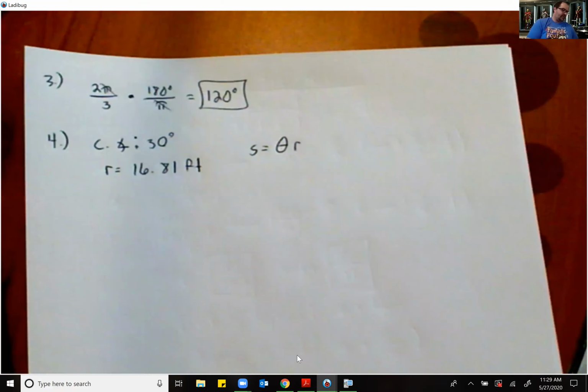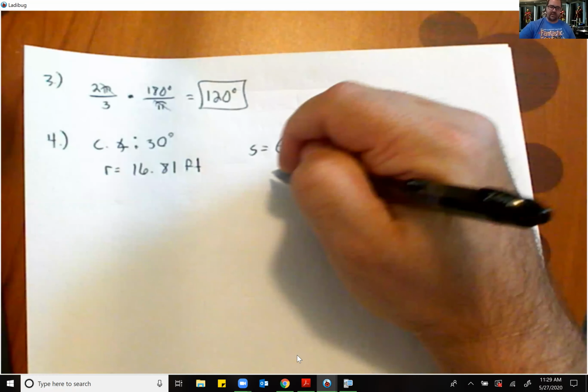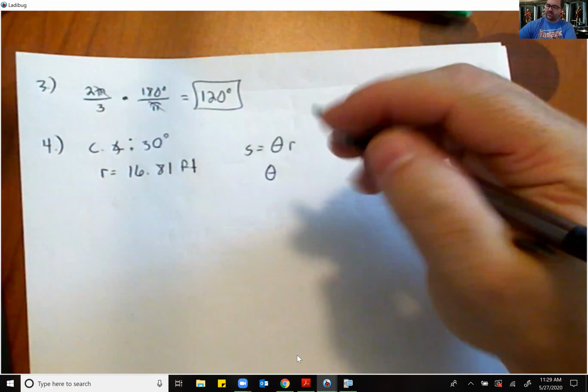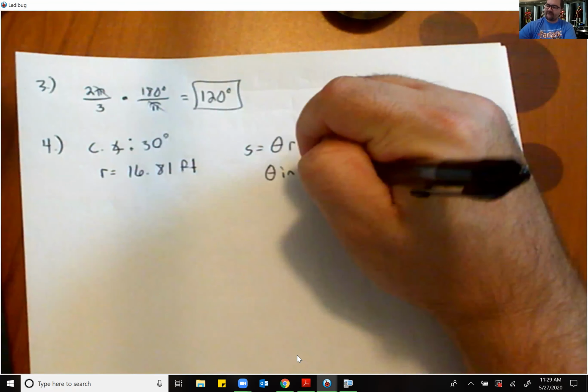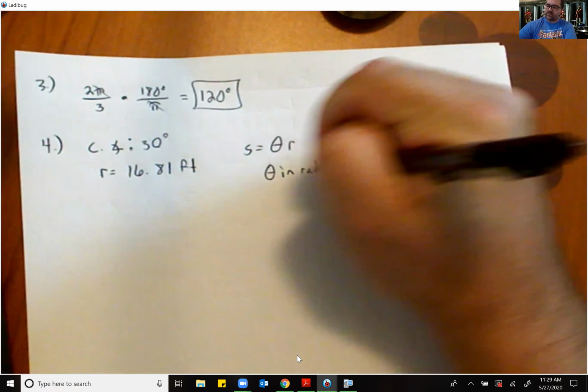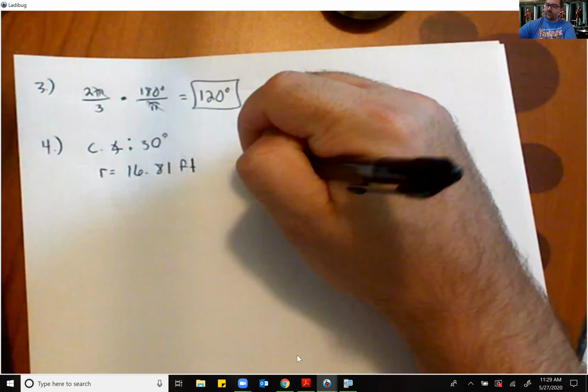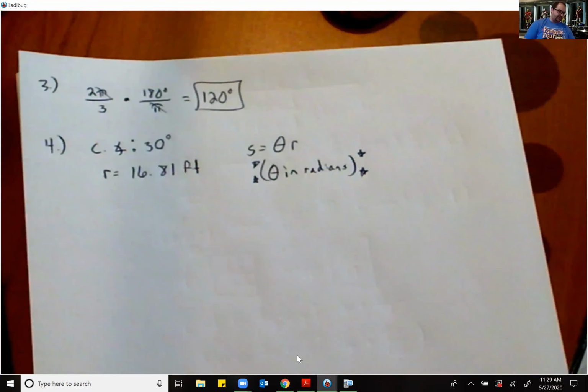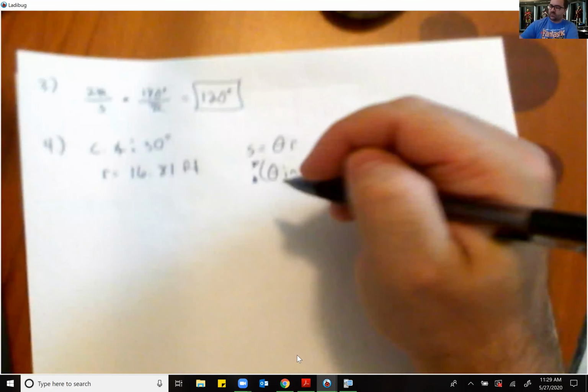One thing you need to understand about theta is that it must be in radians. They do not want it in degrees. So that's super important. When you plug into this equation, make sure that theta is in radians. So double check that when you are using this. And yes, arc length is the letter S.